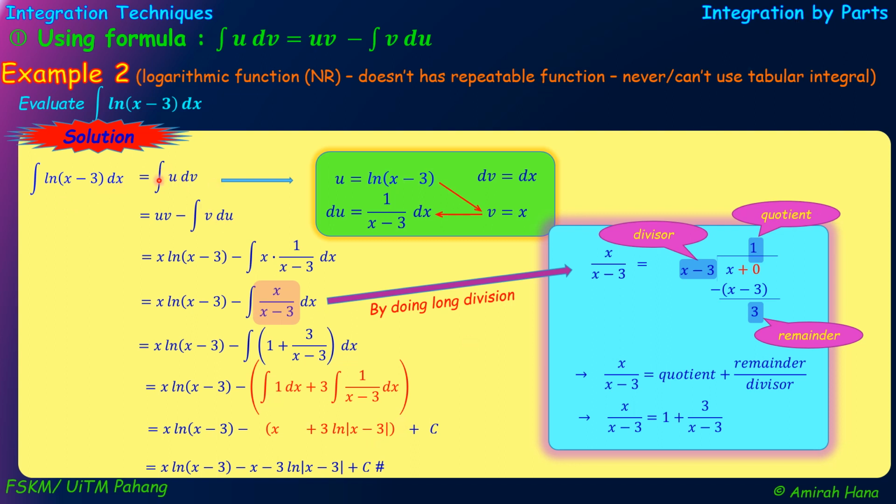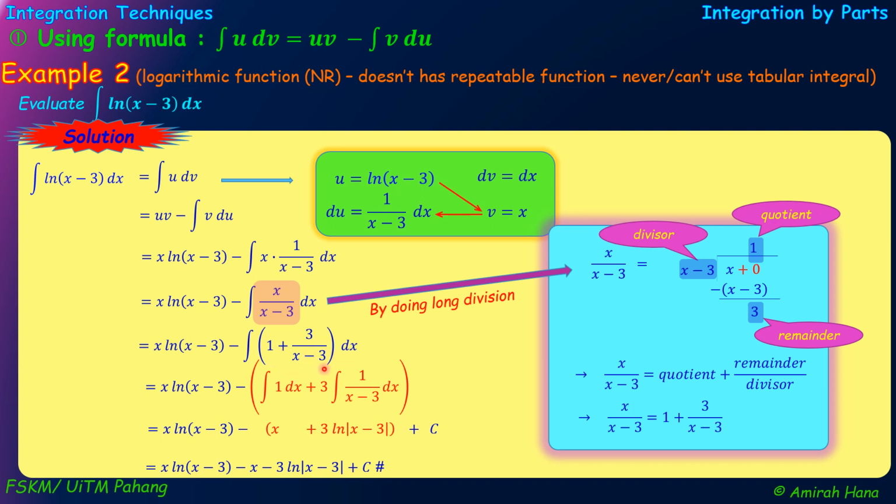Inside the by parts, we still have an integration symbol, and in this case, inside the integration symbol, we need to integrate using the long division method. But we do not need to use partial fractions because from the divisor, or denominator here, we only have one factor.